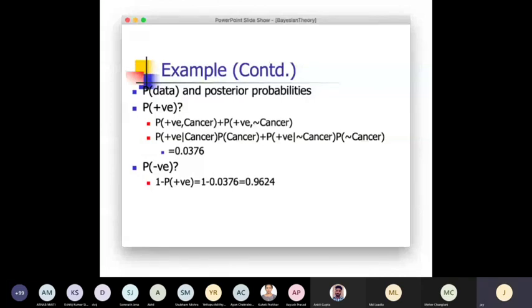What is the probability of data here? What you have computed? 0.0337. That's right, that is the data, that is the observation. So you have these two things, and that probability was 0.79.